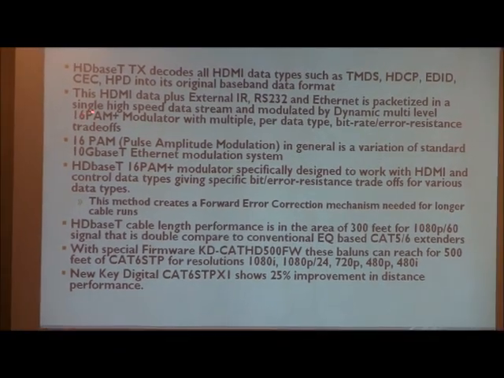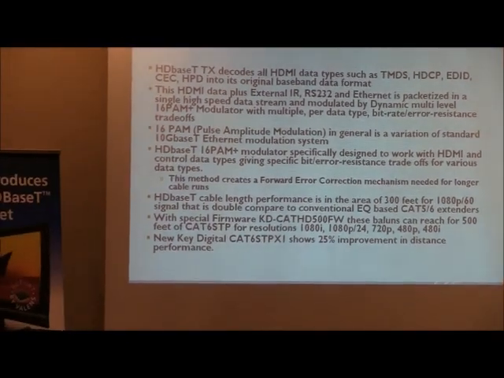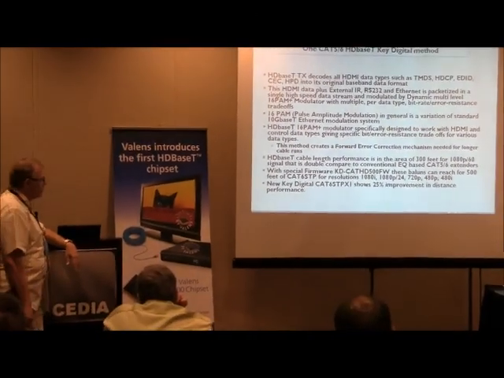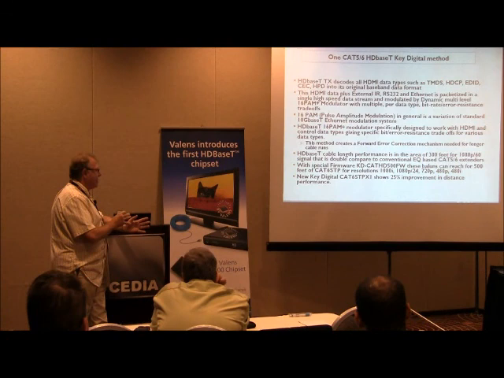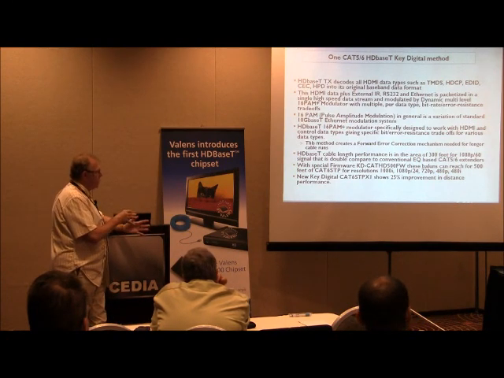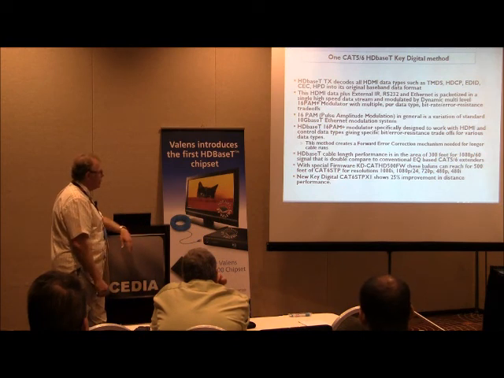The technology uses a special modulation scheme called 16PAM with special bit-error-resistant trade-offs that protect data inside the modulation. More sensitive data is more protected than less sensitive data in the way it's sent over that wire.